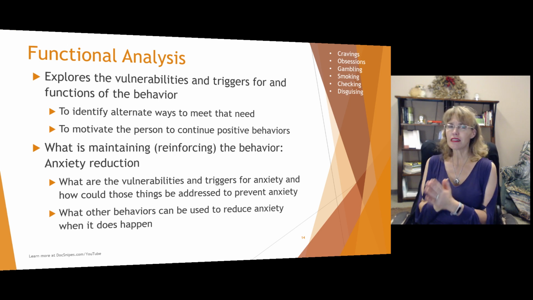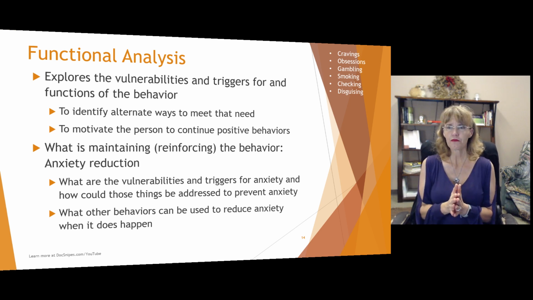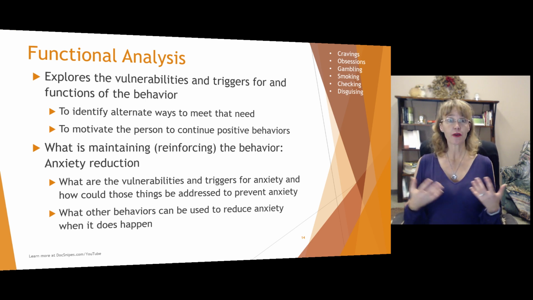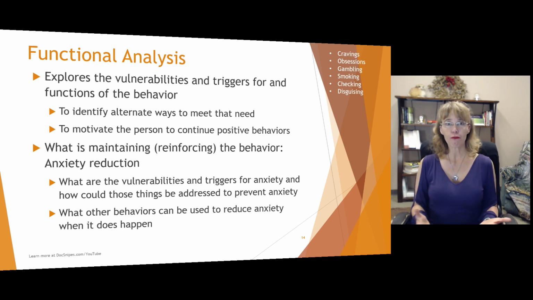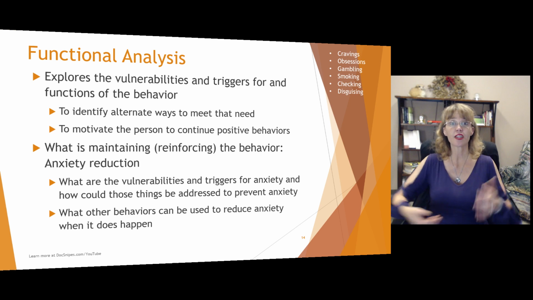In addictions, the need is often escape from pain, physical, emotional, whatever. And we need to explore triggers for motivating the person to continue positive behaviors. What do we need to have them add to their environment to remind them to journal, to get adequate sleep, to eat a good diet, to go to meetings, to whatever it is that's on their treatment plan?